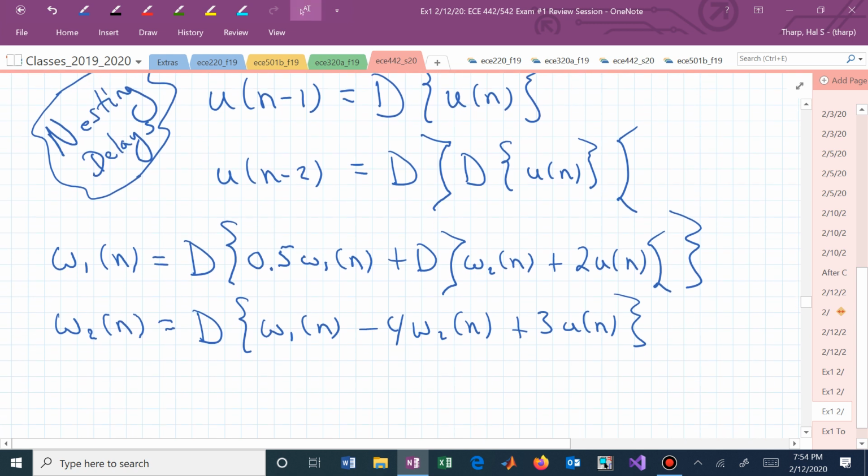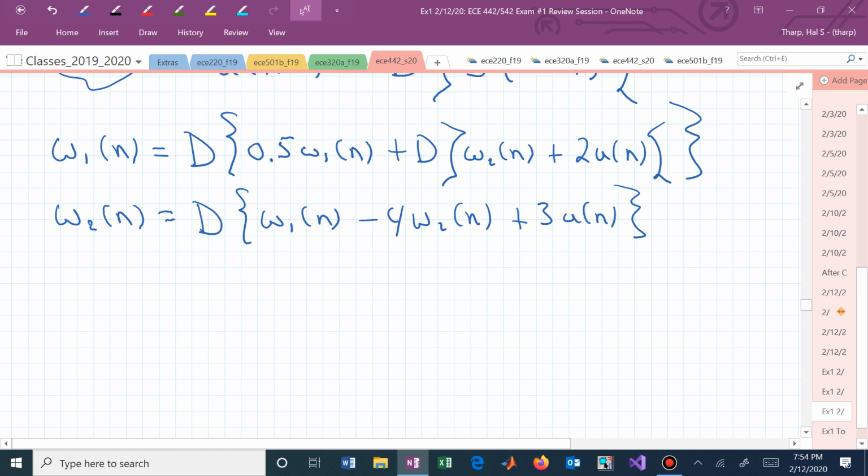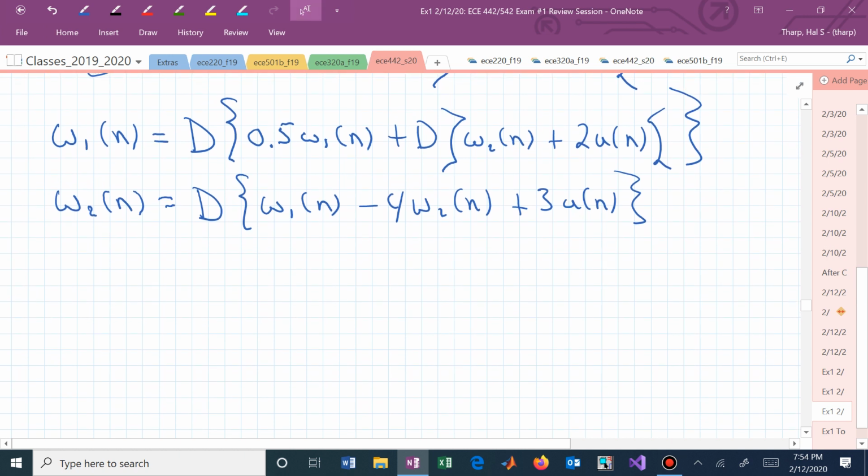So I'm assuming I have W1 available, U of n available, and W2 available. W1 of n, and now you don't really know going into this where you need to put things, but after you've done it, you can redraw it, but on an exam, you're not going to have time. But now let me put W1 of n there.